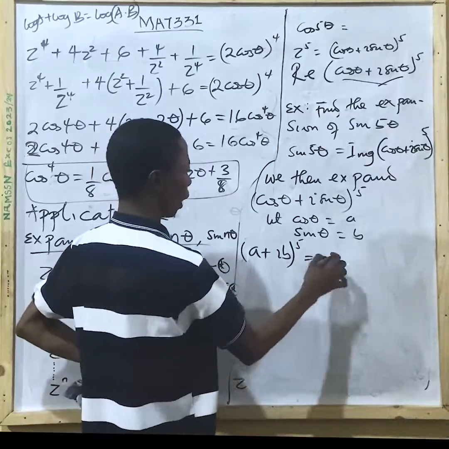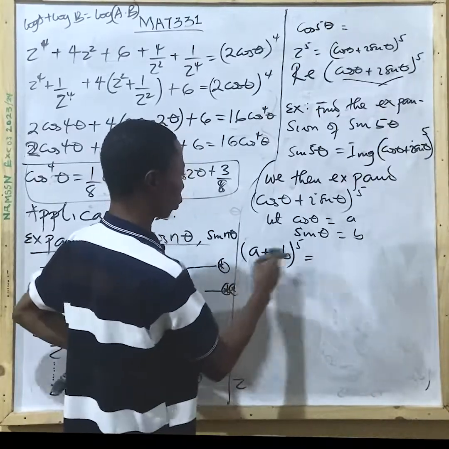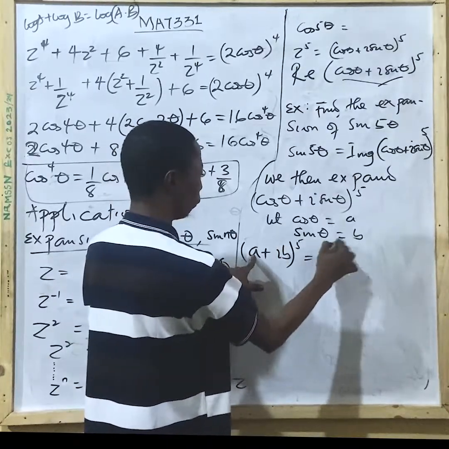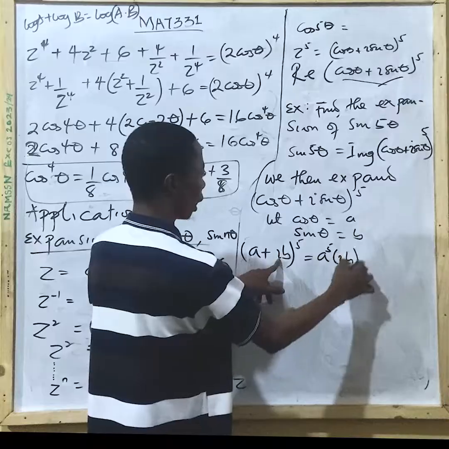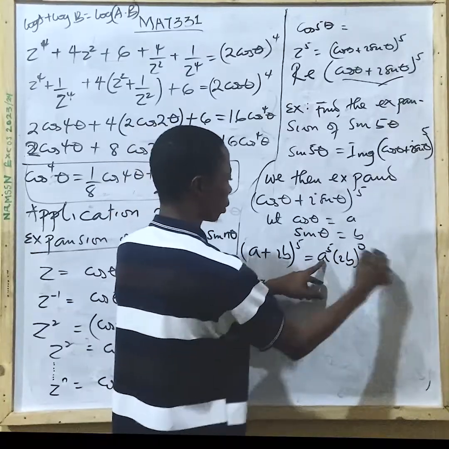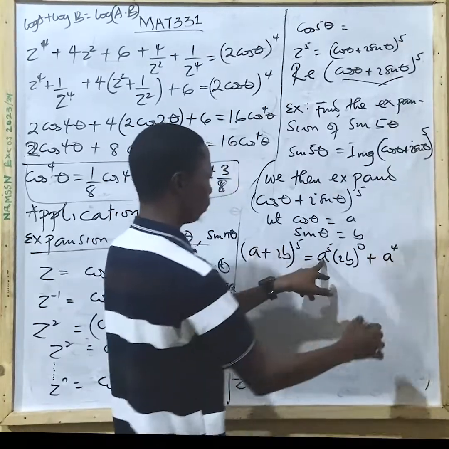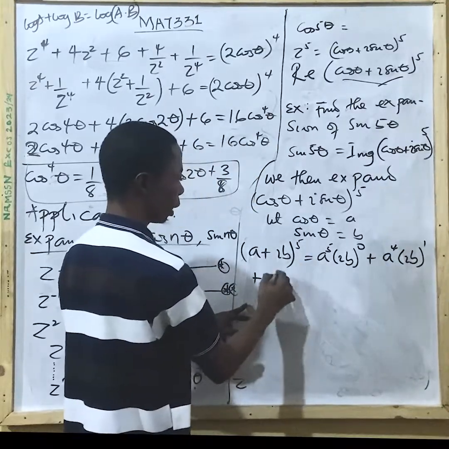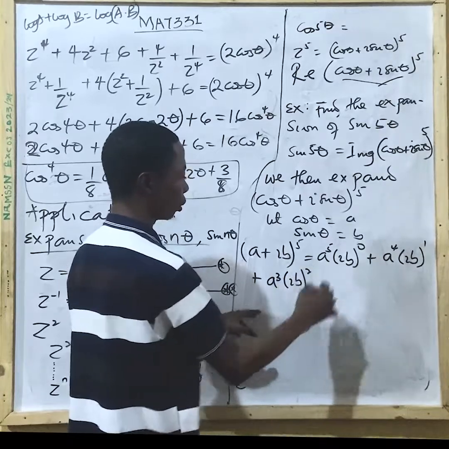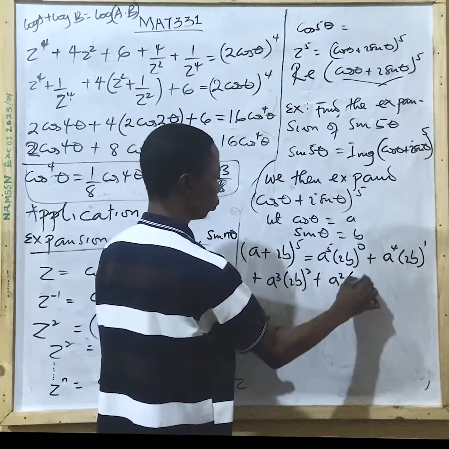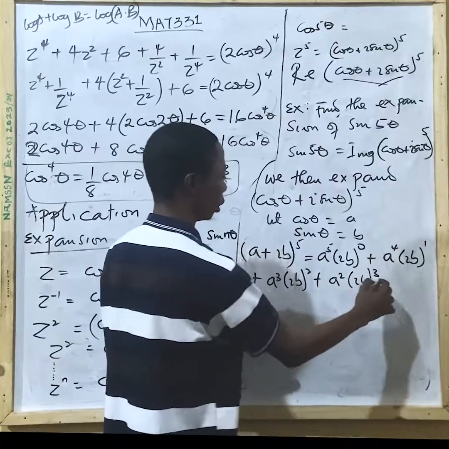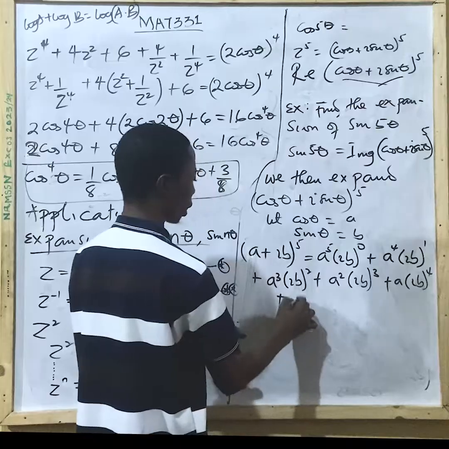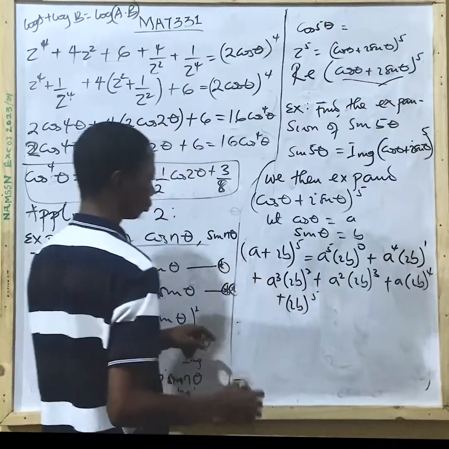So going by the idea of binomial expansion, A plus iB raised to power 5: A will carry the highest power and iB will carry power 0, plus A to power 4 times iB to power 1, plus A to power 3 times iB to power 2, plus A to power 2 times iB to power 3, plus A to power 1 times iB to power 4, and plus iB all raised to power 5.